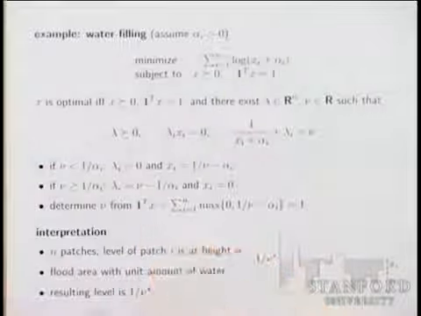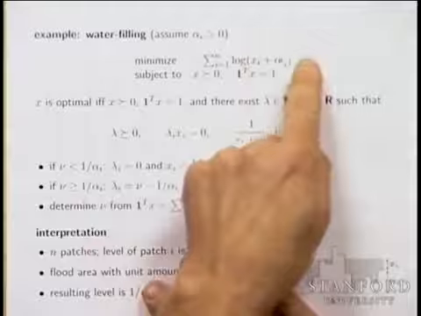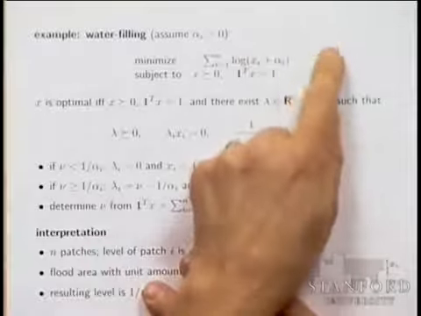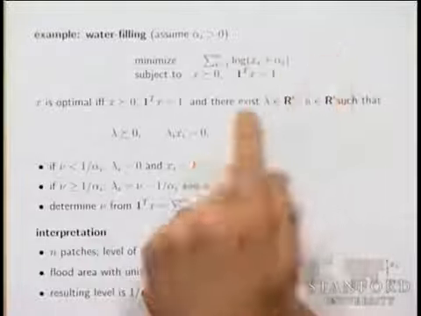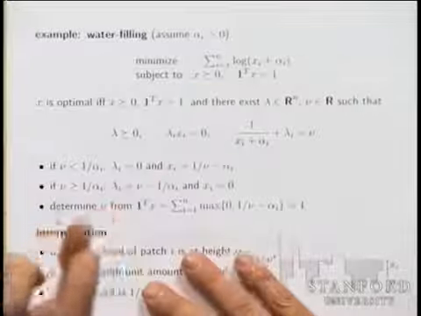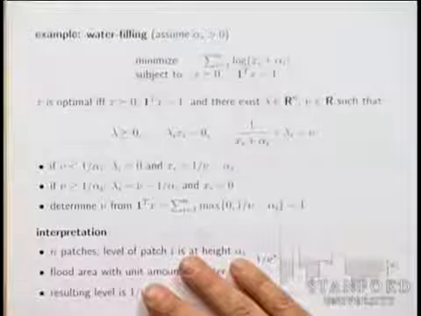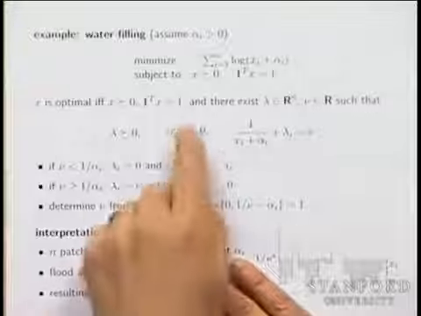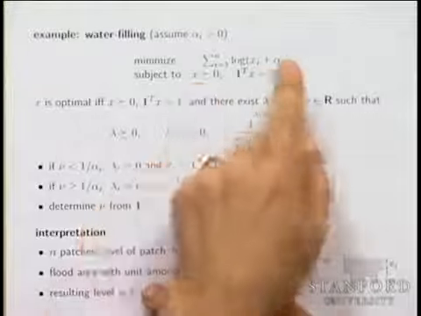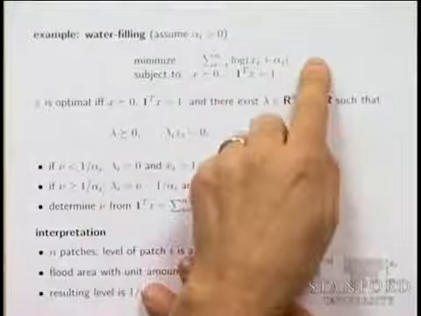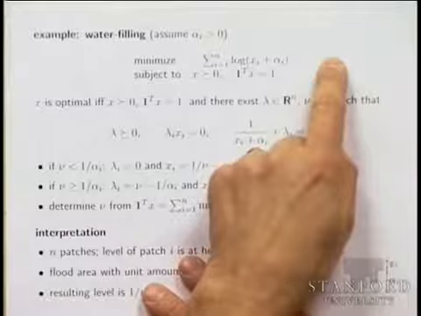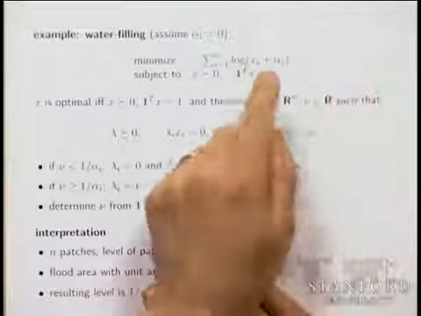And you just write out what it is. You write this thing plus actually minus lambda transpose x. That's the term, because when you want to put it into a Lagrangian, it becomes minus, to flip it around to make it negative. It's minus x is less than or equal to 0. So this is minus lambda transpose x plus nu times, nu is a scalar, times 1 transpose x minus 1.